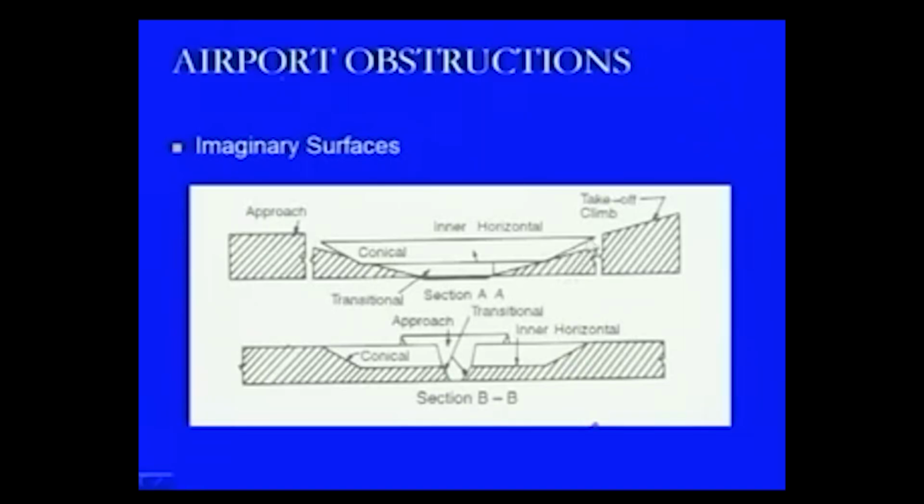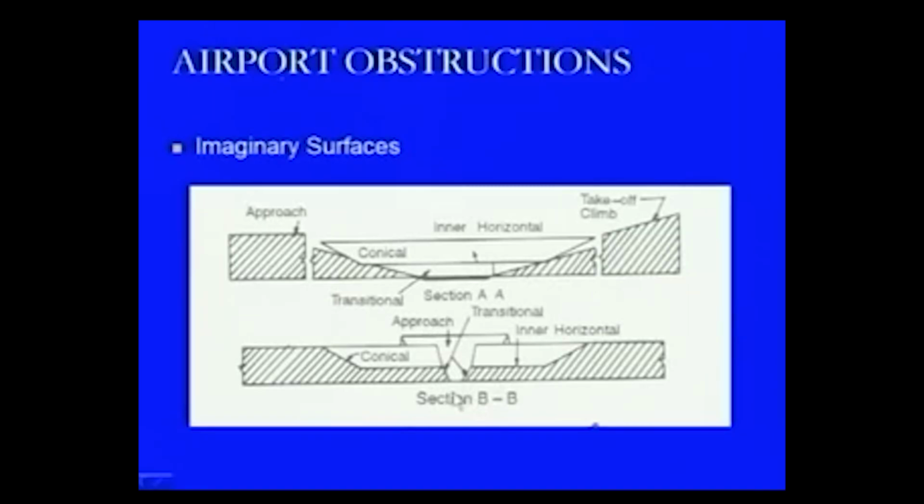The conical surface is also coming at this location too, and then there is a takeoff climb surface which is going upwards like this in a trapezoidal form, whereas here a horizontal approach surface is being provided. So, that is the sectional view of how the elevations change as we go away from the runway strip in the outward direction.